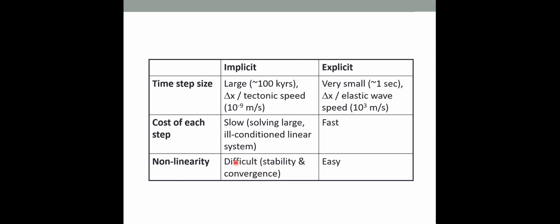So usually this type of iteration is difficult. There is no guarantee to get a convergent result. And also the stability of the solver is also a problem. And in the explicit scheme, dealing with the nonlinearity is quite easy. So the explicit scheme has some advantage, but has a huge disadvantage.